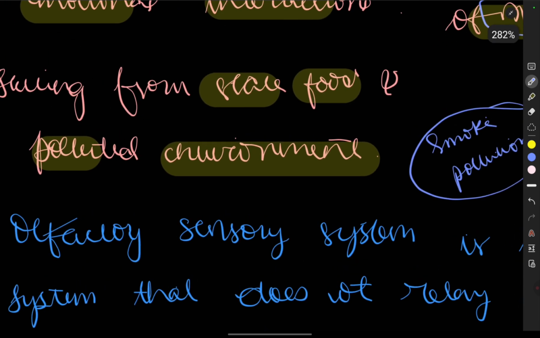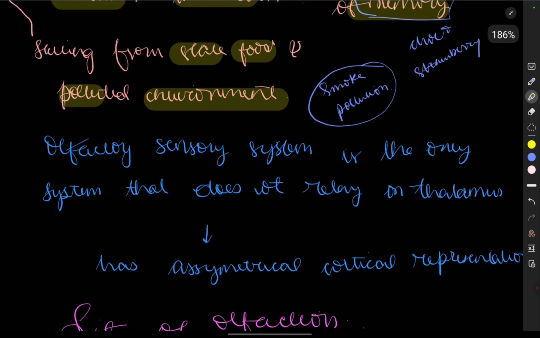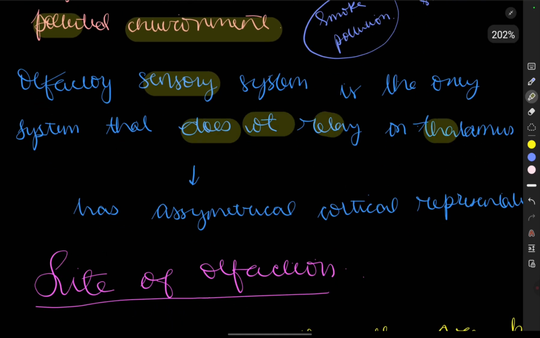So it is the body's mechanism to tell you that this area is polluted and you should shift to another area where the air is fresh and your nasal cavity is not getting irritated.